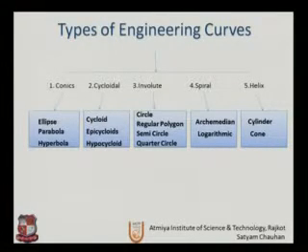In our syllabus we will cover Archimedean spiral and logarithmic spiral, and the very last one is helix, that is cone or cylinder helix. In this session today we will brief about conics: ellipse, parabola and hyperbola. These are the engineering curves that we are going to see in our subject.